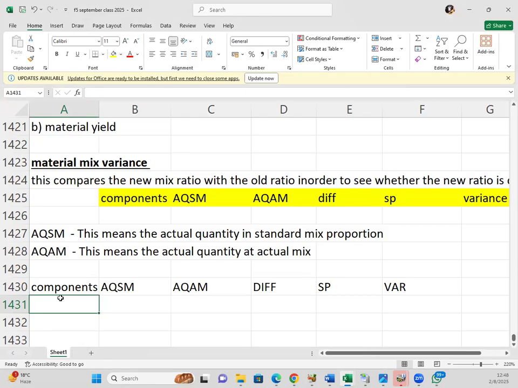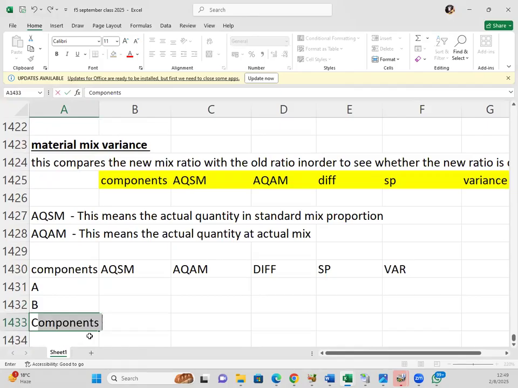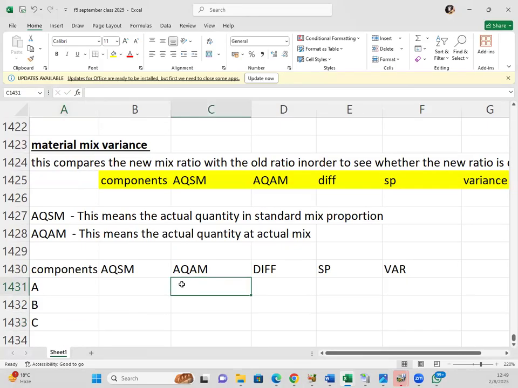So for the components on our question, which components do we have? A, B, and C. So we have component A, we have component B, and we have C. So we start with the second column.